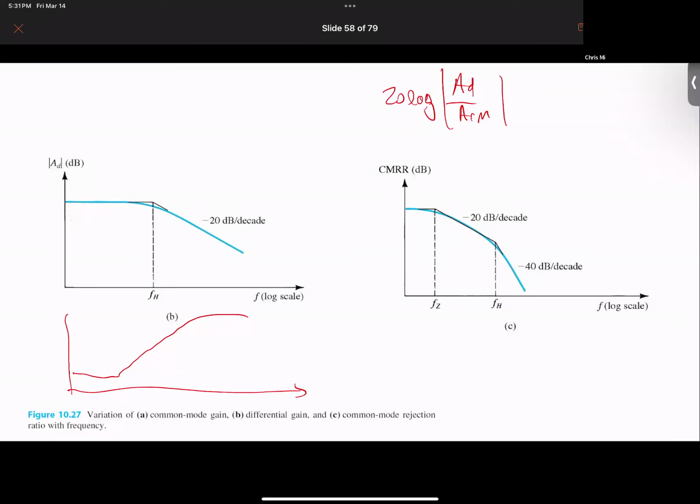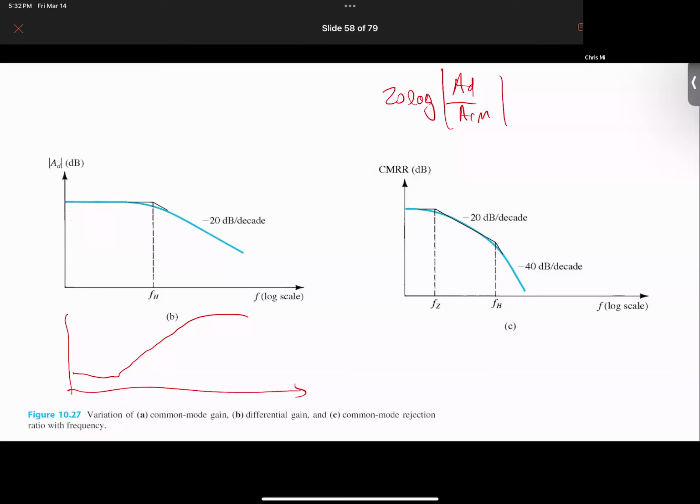Your common mode rejection ratio starts to decrease. So that's what happens at FZ. It starts to decrease, and at some point it will decrease more at FH, and then it will be something crazy at the further end.